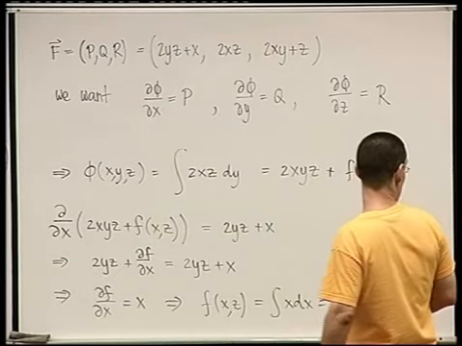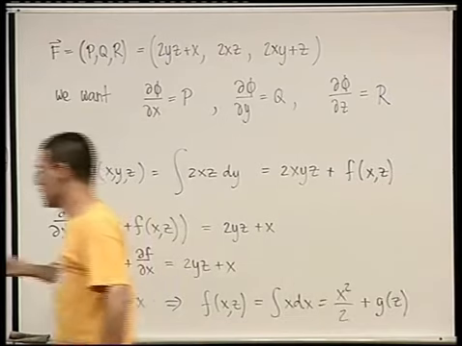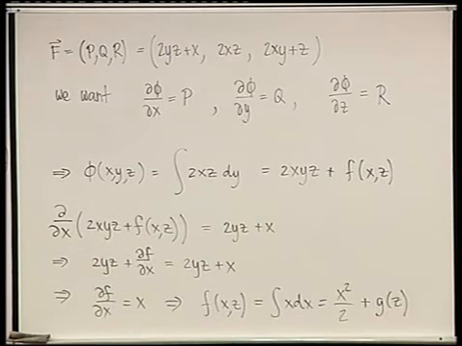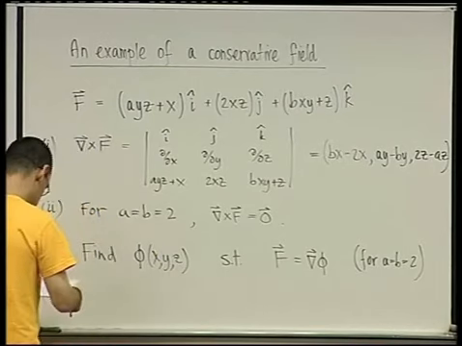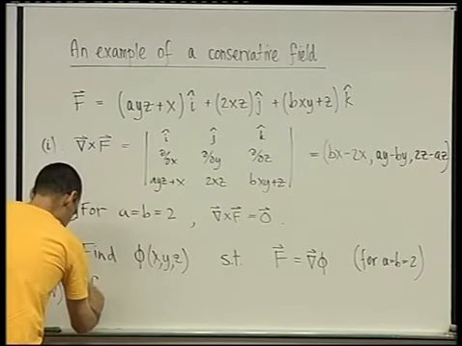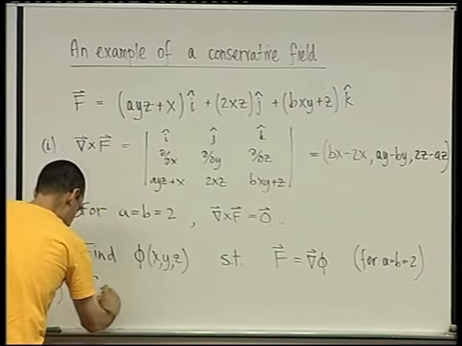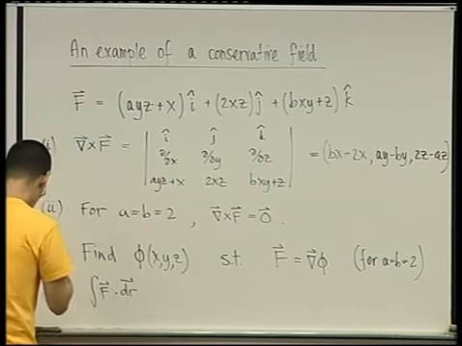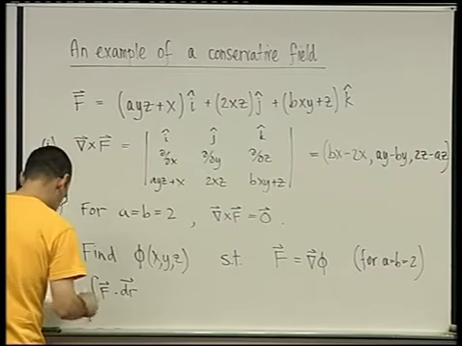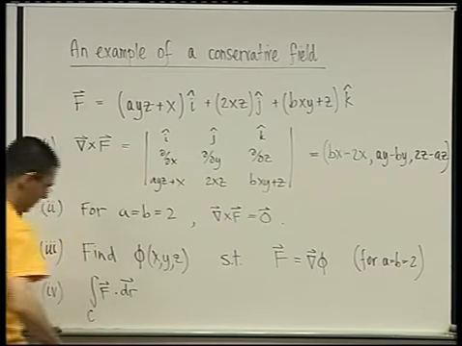Okay, so we're not done. What we did now was find phi such that f is the gradient of phi. And part 4 is to calculate the line integral of f dot dr over a curve called C in this problem.